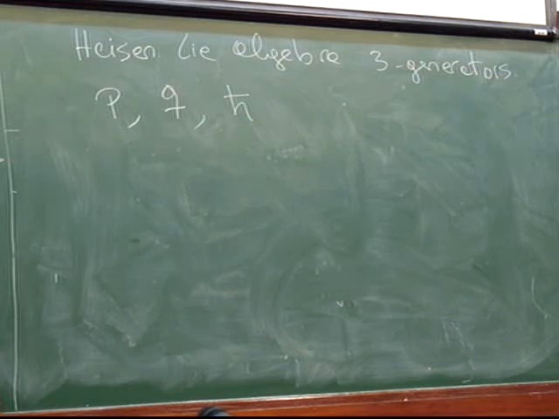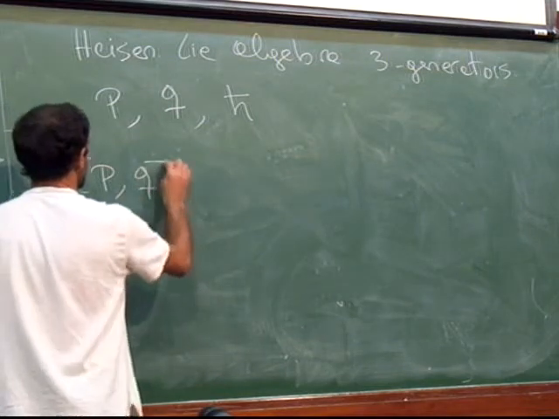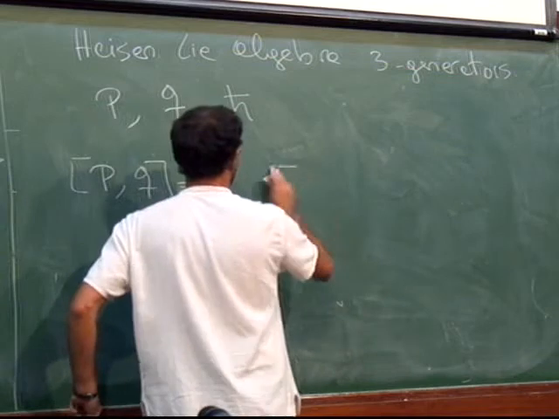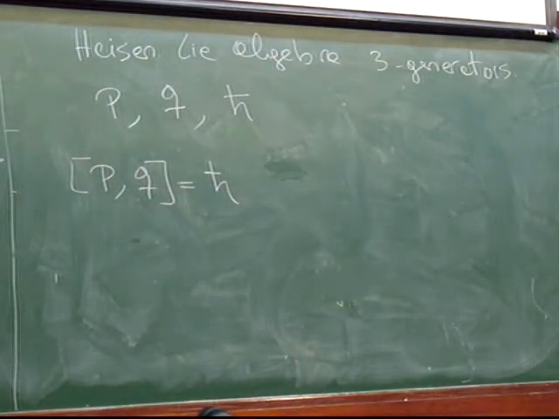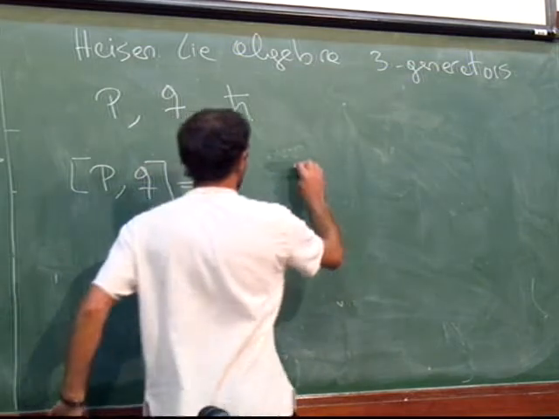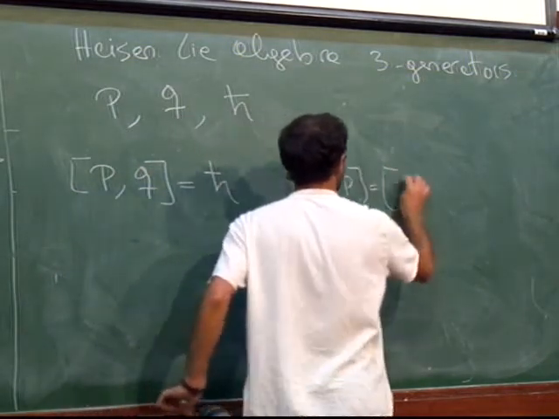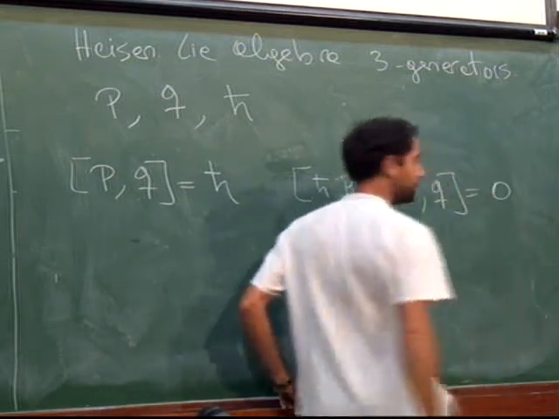And the bracket between these guys, and if any physicist is here, he's not going to be happy, is just that the bracket of P with Q is equal to H bar, and any other bracket that I'm not writing is 0. Namely, H bar with P, well, let's just actually write them: H bar with P is equal to H bar with Q is equal to 0.